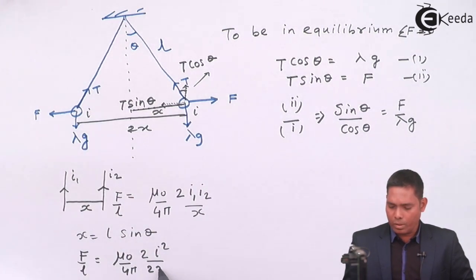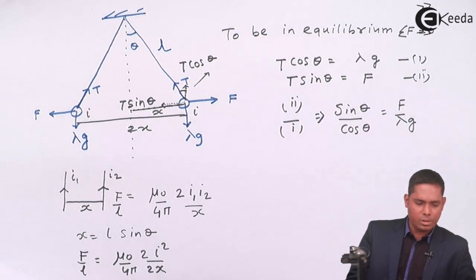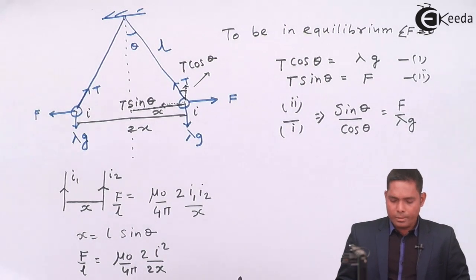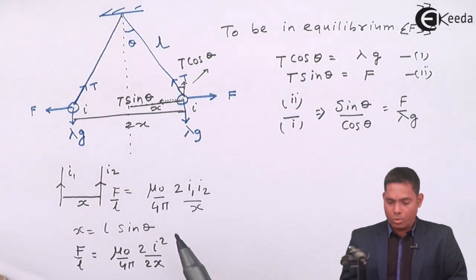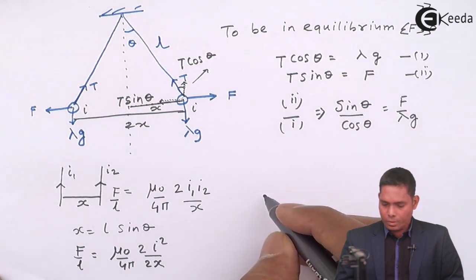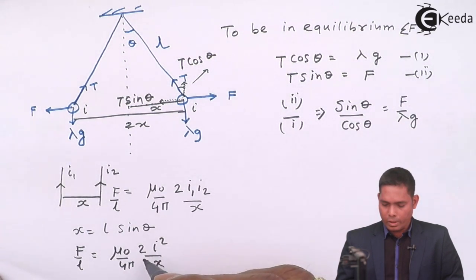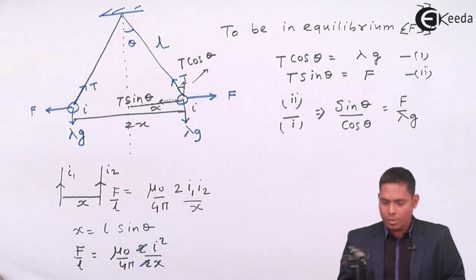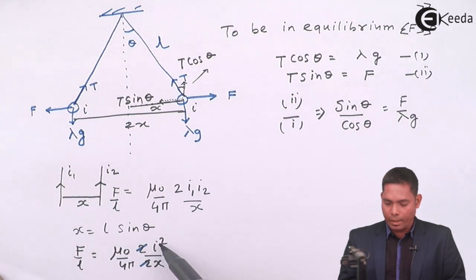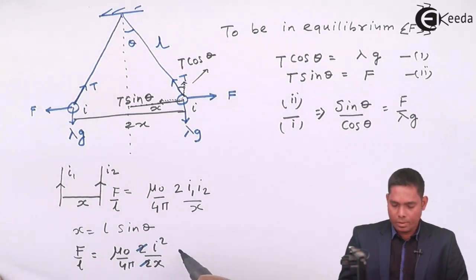Here x means it is 2x. So from here this 2 and this 2 will cancel out, and this will be mu 0 upon 4 pi I square upon x.